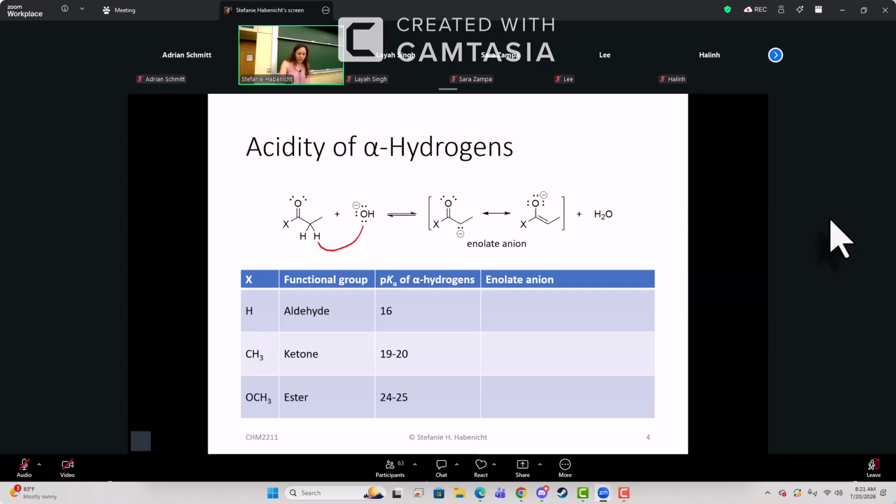But here, hydroxide as a base, as before, would abstract an alpha hydrogen, forming a negative charge on the alpha carbon in the enolate anion, the conjugate base of the parent carbonyl compound. And that enolate anion is resonance stabilized. It has these two contributing resonance structures. And lastly, the base that we're using is, of course, protonated, forming its conjugate acid.